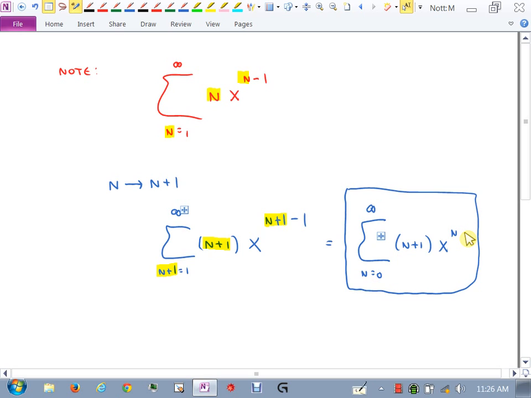So this is just an example of how we can shift indexes. All right, that's what I'm showing you there, how you can shift it. And you can shift it anywhere. Like if this had been n equals 3, I could have put, replace n with n plus 3. And then it would have been n plus 3 equals 3, and then that would have subtracted over, you would have started at 0 again. So you can always do that, all right?